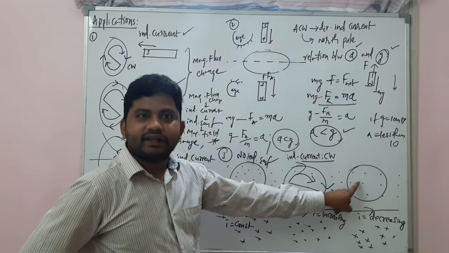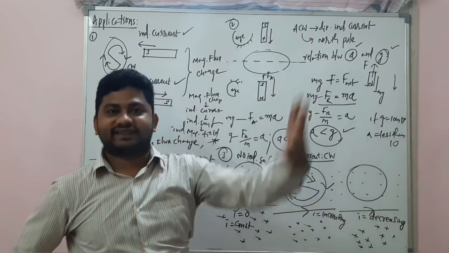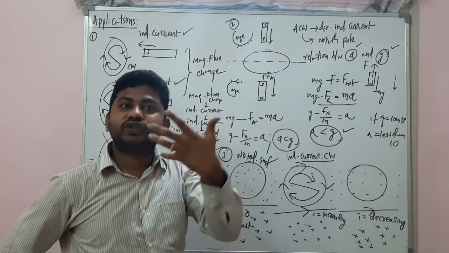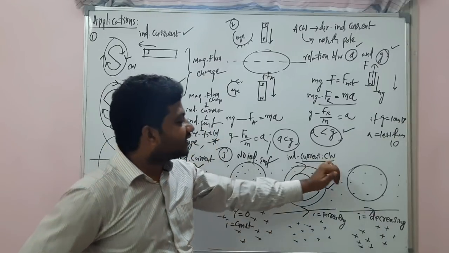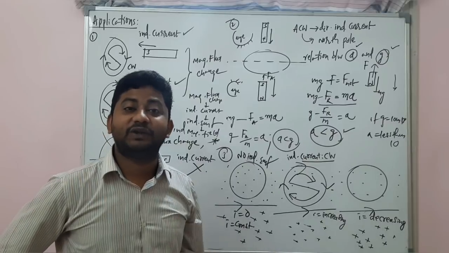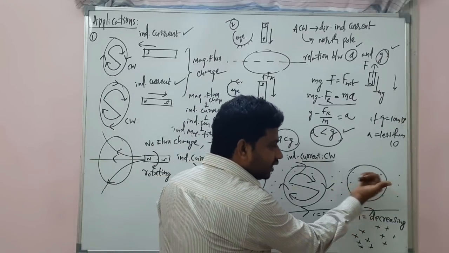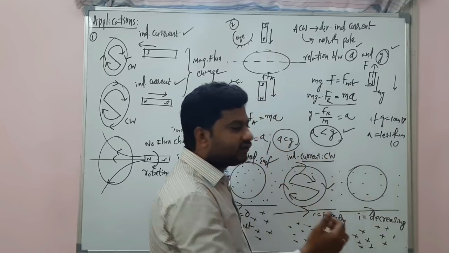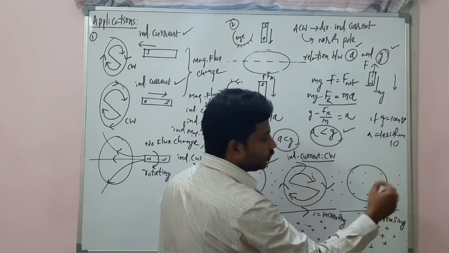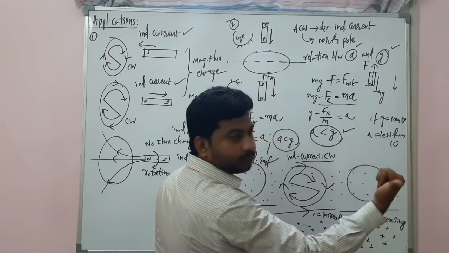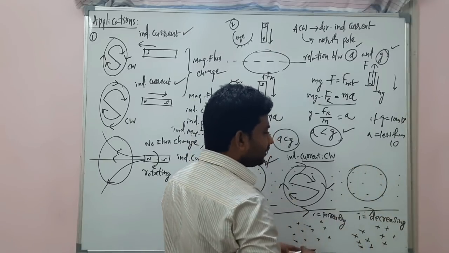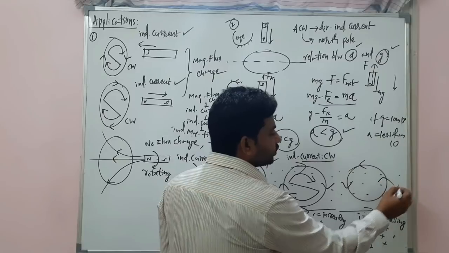An induced magnetic field will try to increase the flux by producing the magnetic field lines in the same direction as the original magnetic field. So now, in the same direction, this coil should produce magnetic field, means, look at here, this way, out of the plane, right? In this way, it will produce magnetic field. So this must be the direction of induced current.